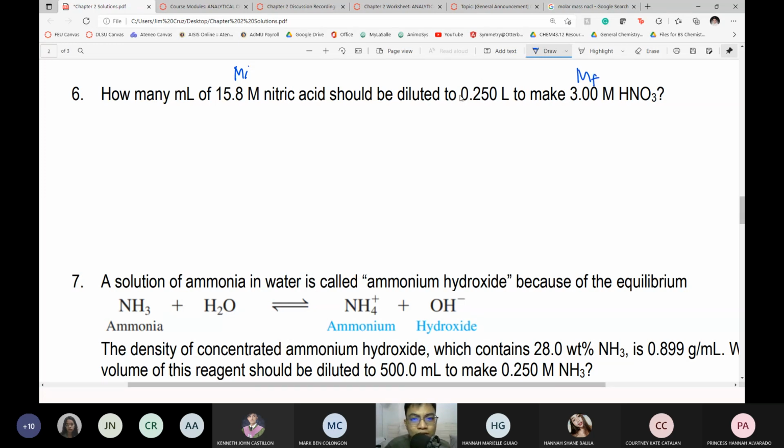Ito, given yung volume ng final, diluted to, so ibig sabihin ito na yung final volume. Gawin ko na lang tong ml. 250 ml.